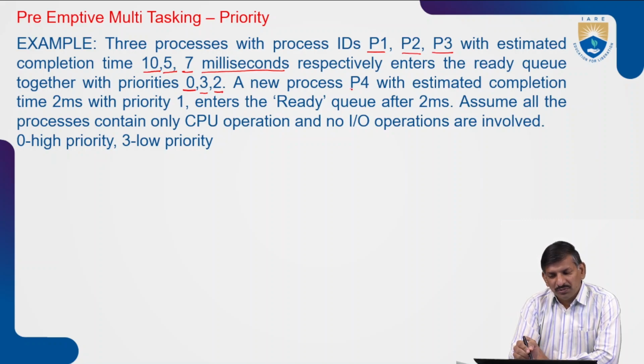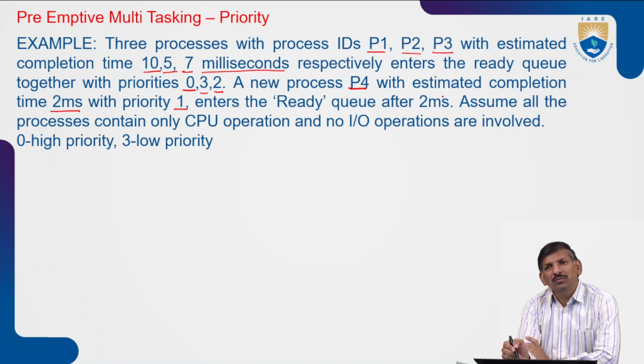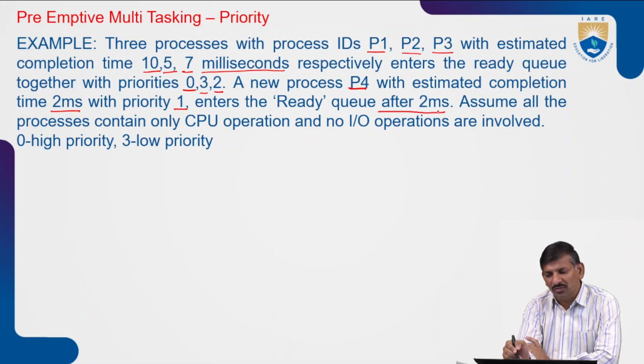A new process P4 with estimated time 2 milliseconds and priority 1 enters the ready queue after 2 milliseconds, that is, after completion of 2 milliseconds of execution, a new process enters.